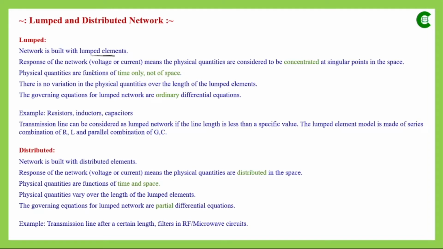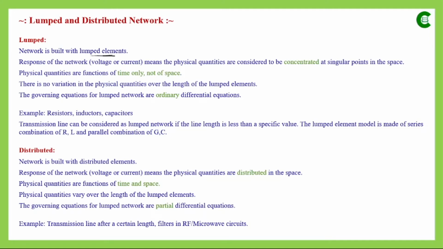In case of any lumped element, or a lumped network, the physical quantities like voltage and current are not functions of space, they are only functions of time. So they are assumed or considered as if they are concentrated at singular points over space. So there will be no variation in the physical quantities over the length of the lumped elements.